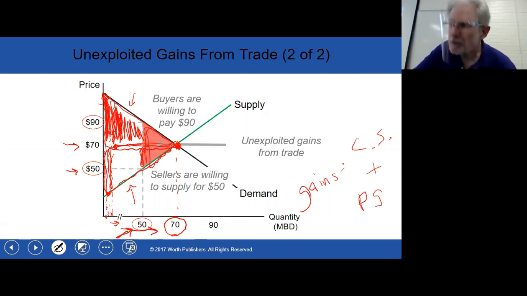If we stopped at 50, for what there's no reason we would, okay? We won't in a free market, but if we did, and we only produce 50, then what would the very next unit be worth to a consumer? Well, you'd find that by reading up to the demand curve. And there's a consumer who would be willing to pay about $90 for the 51st unit.